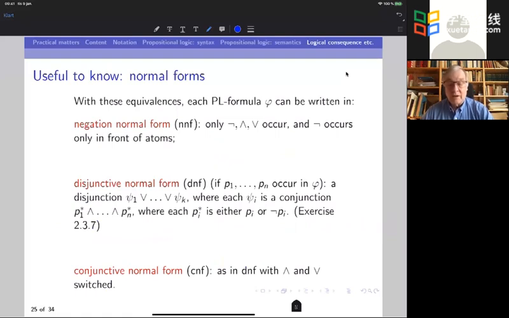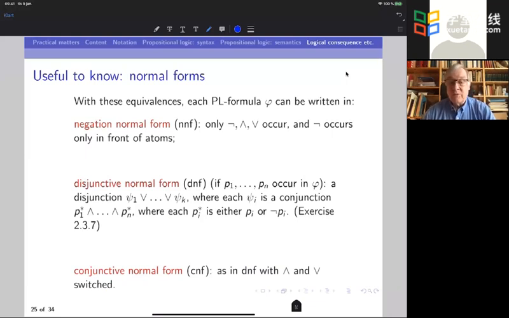Something which is not in the text, but in one of the exercises, is so-called disjunctive normal form, which is even more useful. What does it mean to say that phi is in disjunctive normal form? Let's say that you have the sentence letters P1, P2 to Pn that occur in phi. Those are exactly the sentence letters occurring in phi.